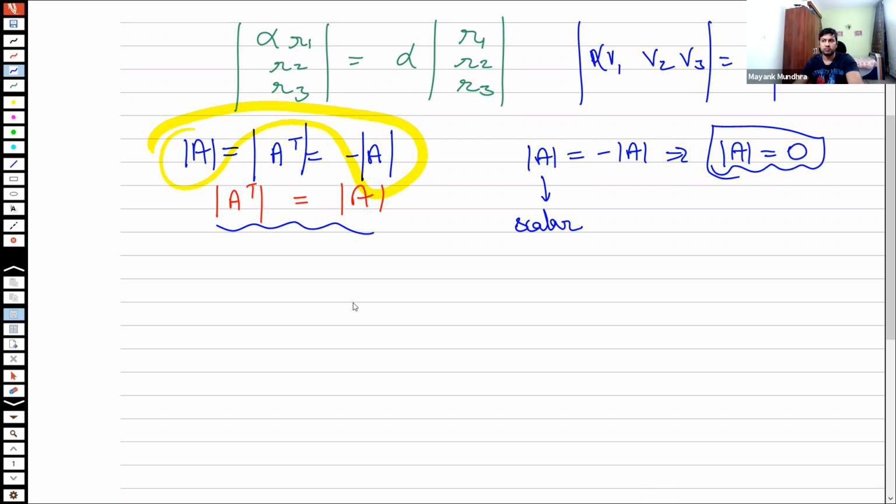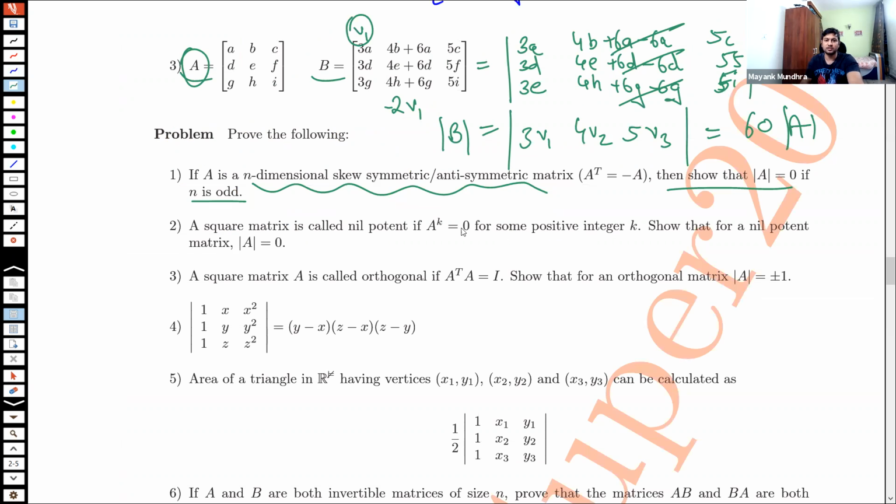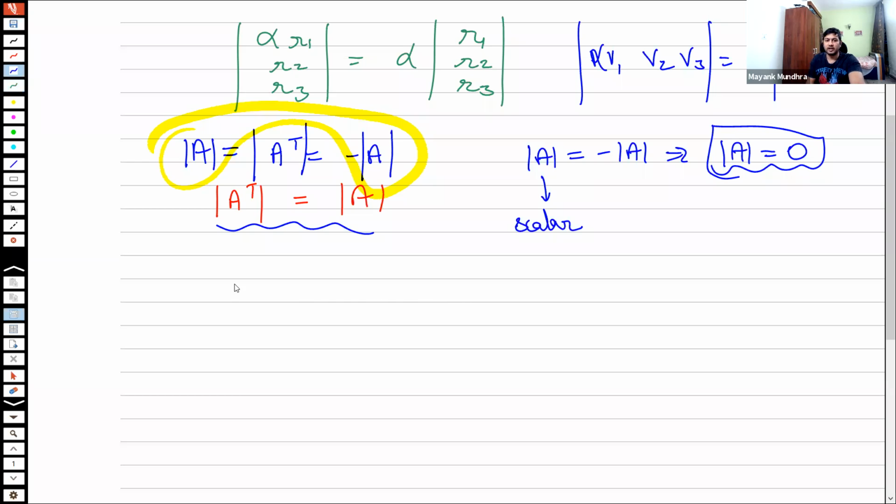Now, next problem. A square matrix is called nilpotent if A to the power k equals 0 for some positive integer k. So what is A to the power k? A square is basically A multiplied by A. If A is an n cross n matrix, then A square will also be an n cross n matrix.